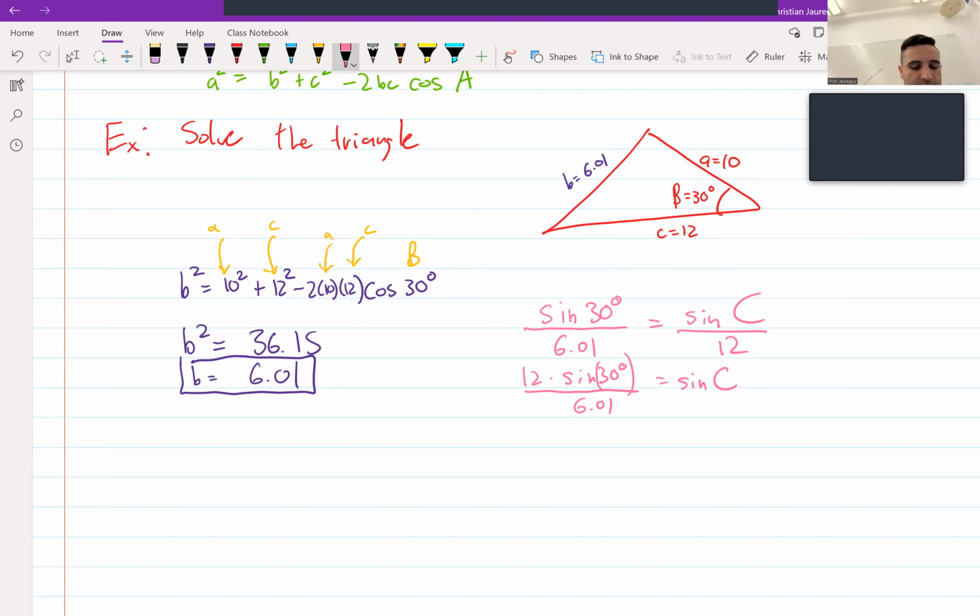Plug that into a calculator. Yeah, and we get sine of C equals about 0.998.